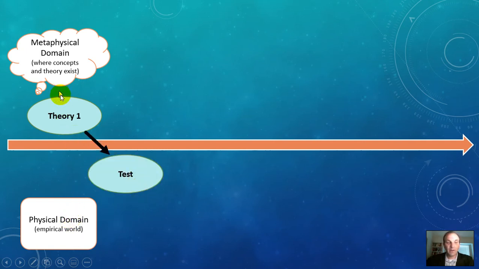So in the physical domain, we've got a theory. For a theory to be good, legitimate, you need to be able to test it empirically, observe what's going on. So you take a theory, whatever theory it is, let's say it's deterrence, since we've already talked about it. We want to see if that holds weight. We want to see if the severity of the punishment will deter people from committing a crime. So we want to test capital punishment.